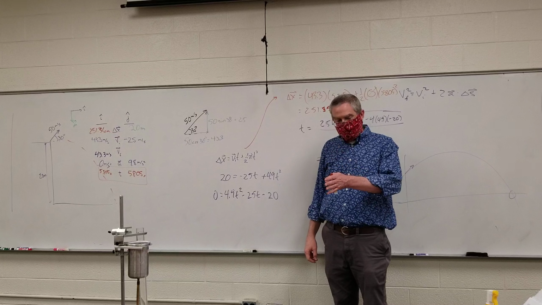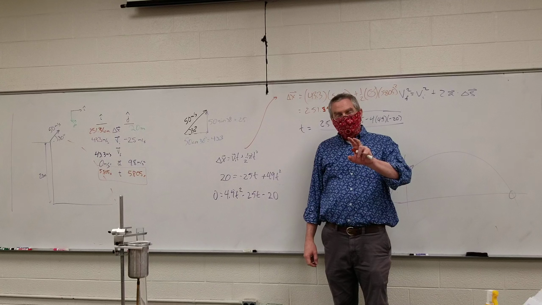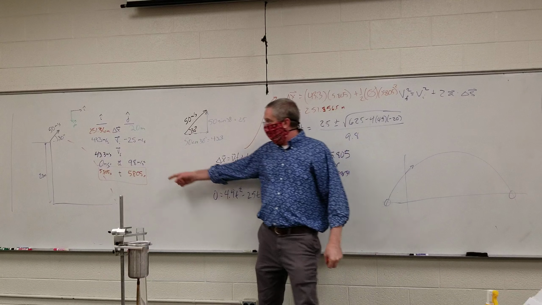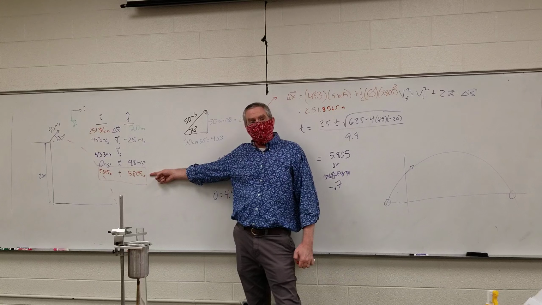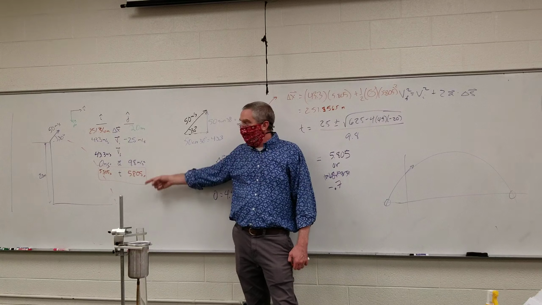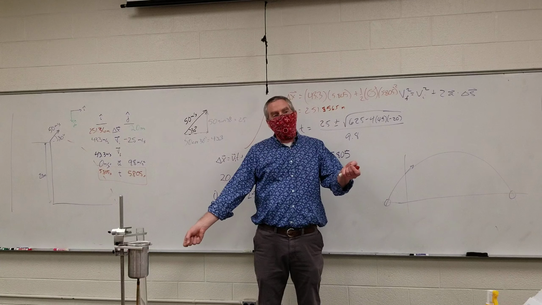The i-hat and j-hat is true for the entire problem. Time is the one thing that's going to be the same for both. Time is the only thing that's the same for horizontal and vertical. So that time is for the entire thing? That time is the time it takes for the object from launching to hitting the ground.